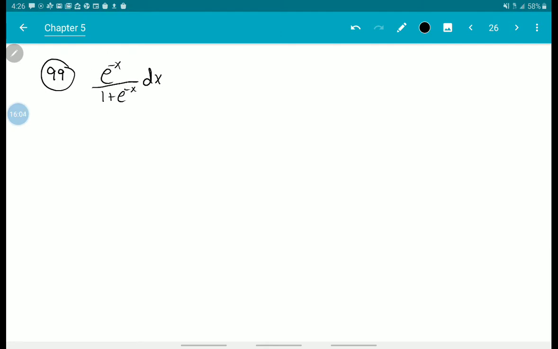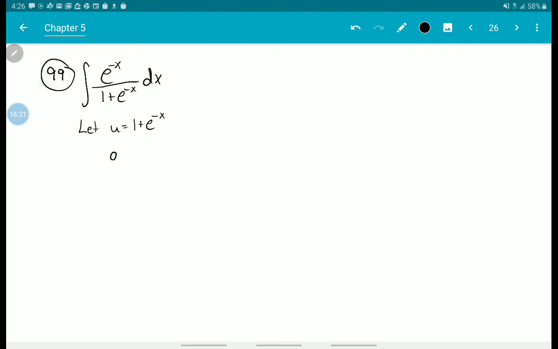So these are just going to keep getting more and more interesting as we go through this course and then subsequent courses. Let's try this. Let's let u be that denominator, 1 plus e to the negative x.